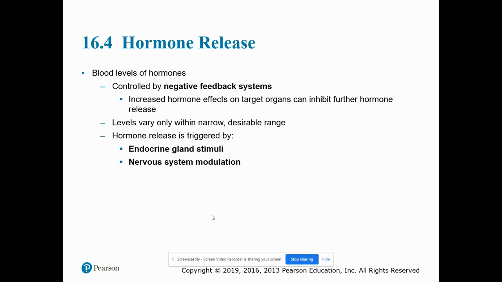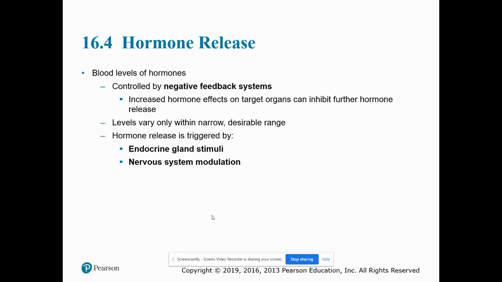I hope I said the right temperatures. So the air would kick on at 78, and then it would kick off at 76. But increased hormone effects on target cells can inhibit further hormone release. That's basically what negative feedback systems do.